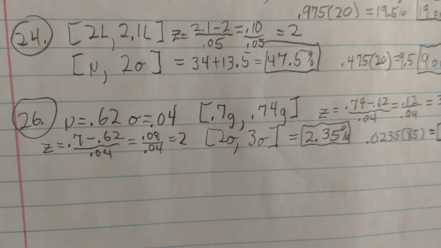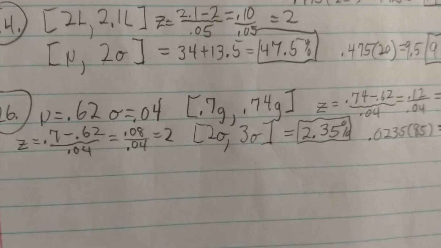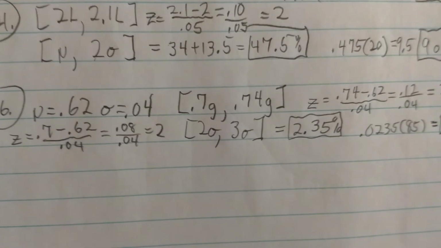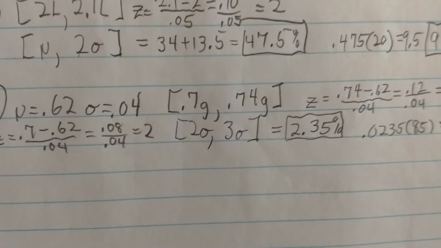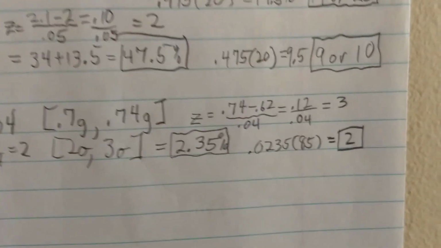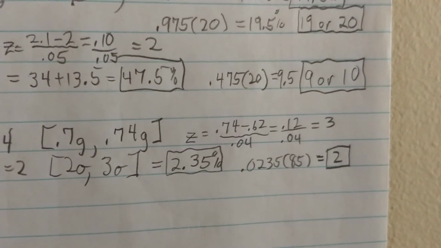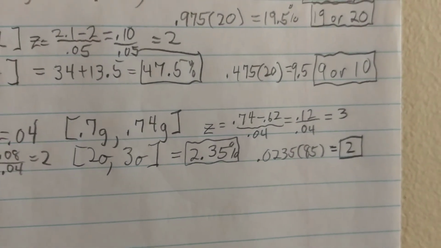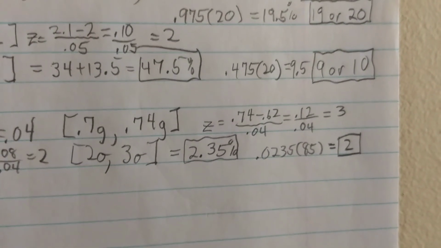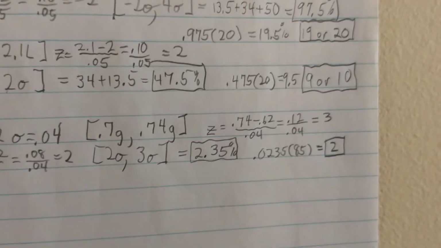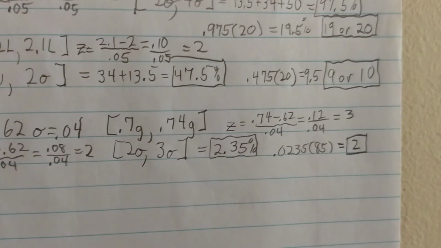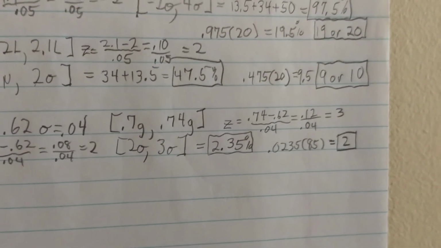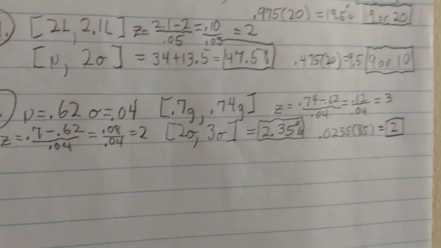So to the right of the mean, the first block is 34, the next is 13.5, adding up to 47.5. And so using the same thing we did before, what would be the chance of 47.5% out of 20 numbers, or 20 times? That would be 0.475 times 20, or 9.5, which we would count as 9 or 10.